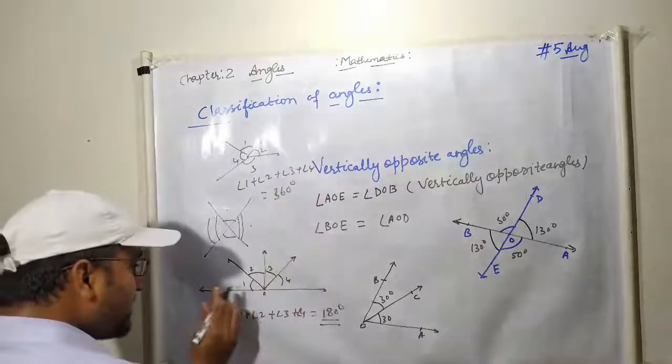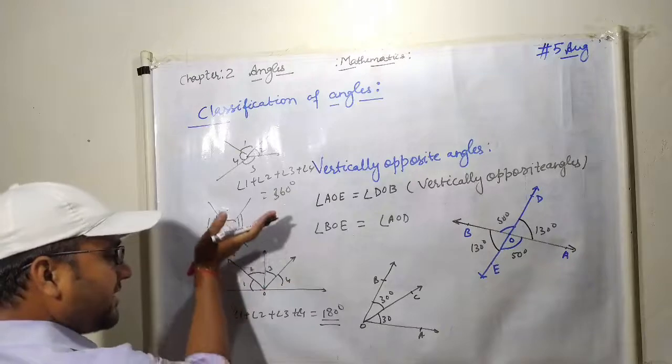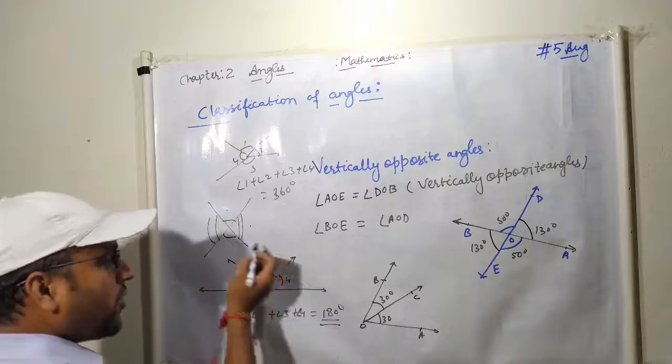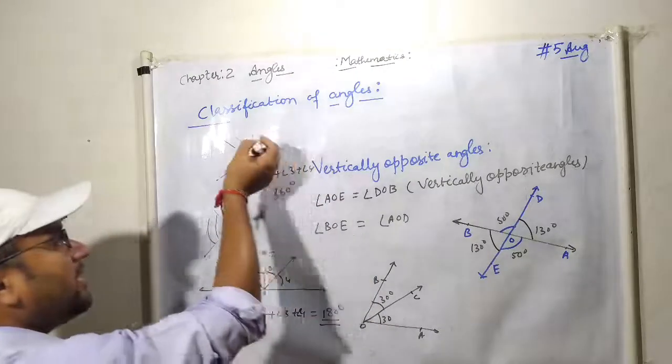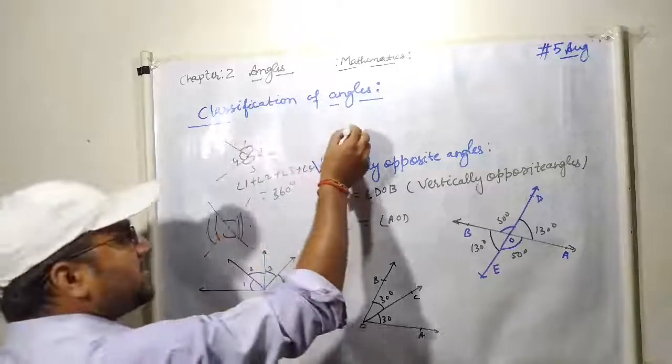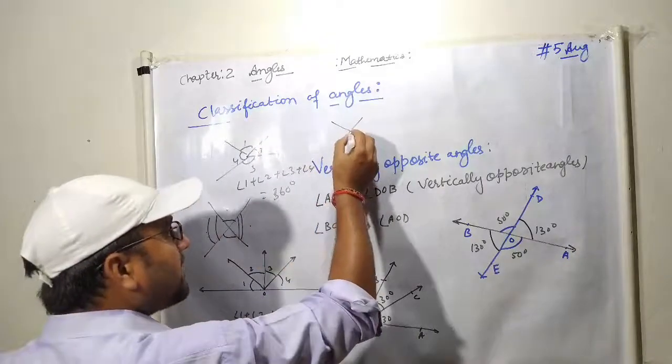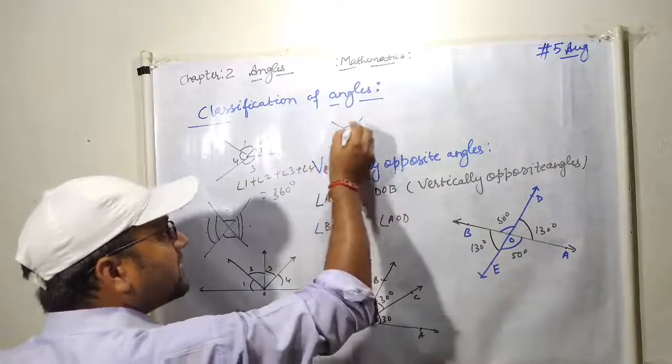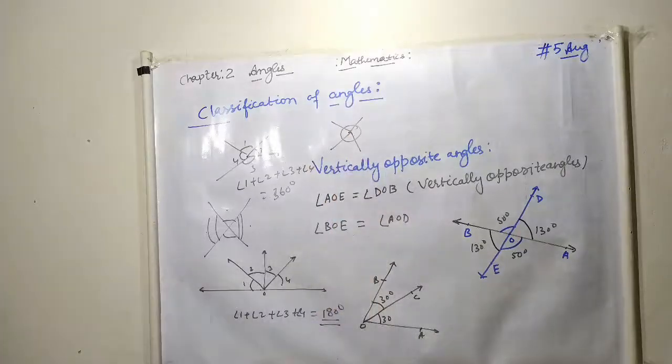Here is one side of a straight line, so the sum of all those angles is equal to 180. Here, on a point, if different angles are formed on a point, then the sum is equivalent to 360, students.